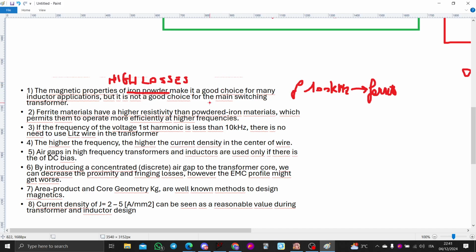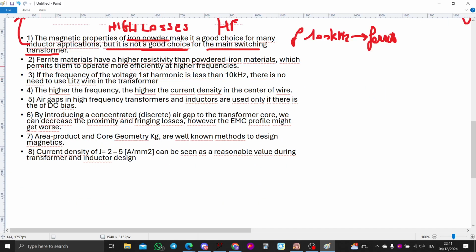If for the main switching transformer, if it is intended for a high frequency transformer, this is true. So iron powder is not a good choice for the main switching transformer. Industrial application, meaning 100 hertz basically, but not for high frequency transformer. So this is true.